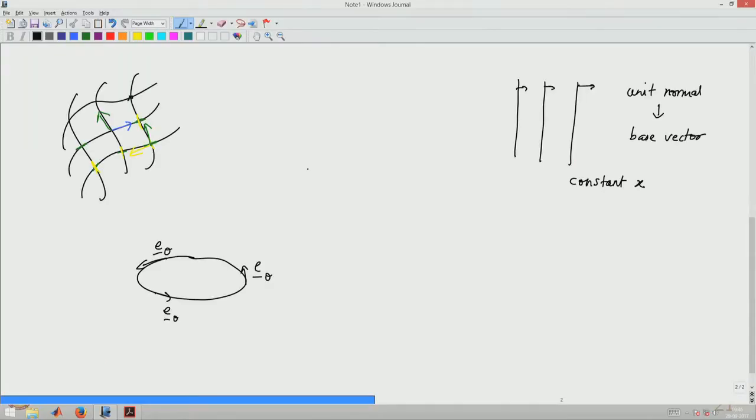So, in the second case we are looking at constant surfaces: one theta surface, then the other theta surface and then the other theta surface. So, basically again in each and every case the unit normal is E theta.